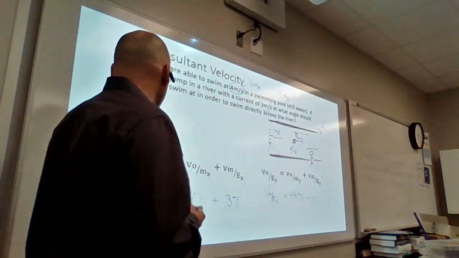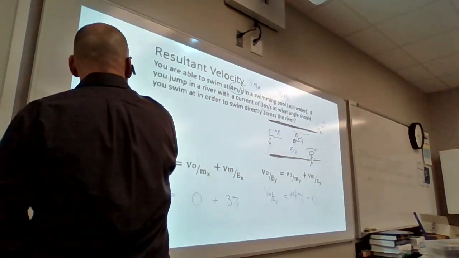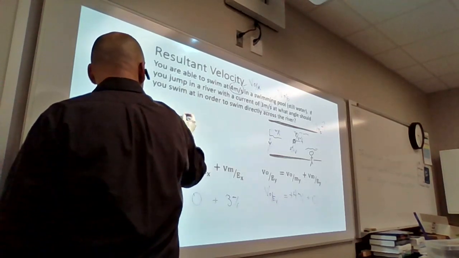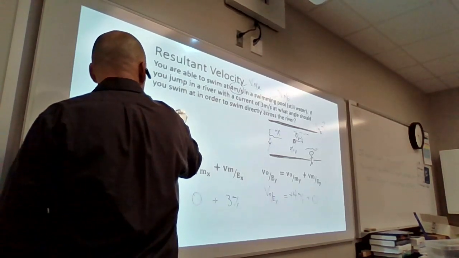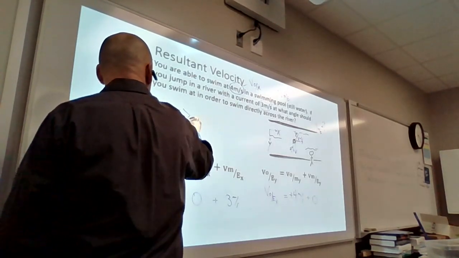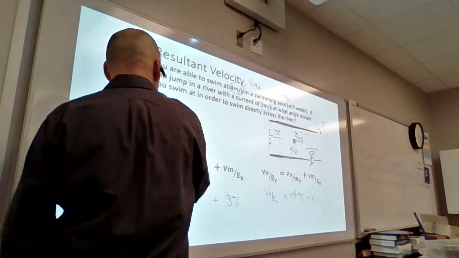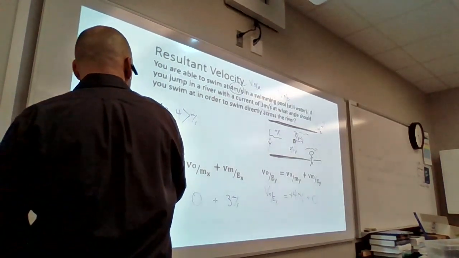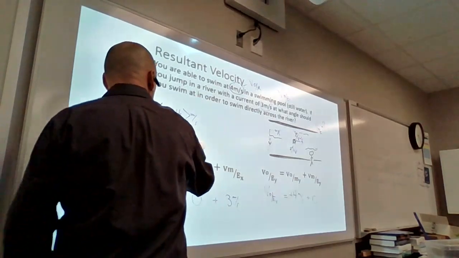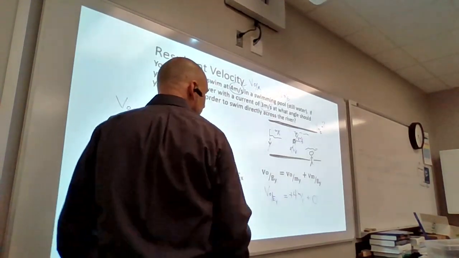So you can say the velocity of the object relative to the Earth is 3, 4 meters per second, or finding the resultant of those two, 5 meters a second at whatever angle that is.